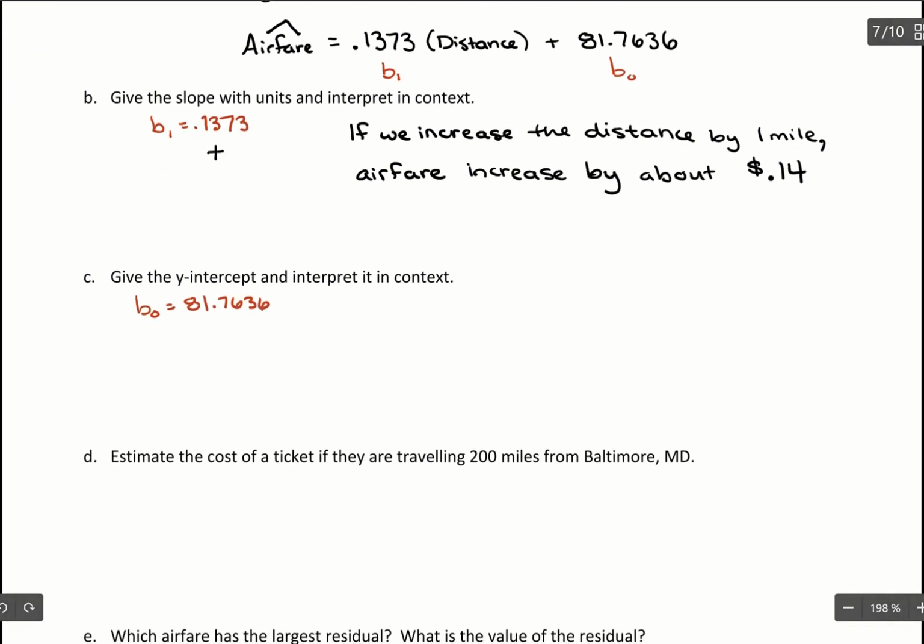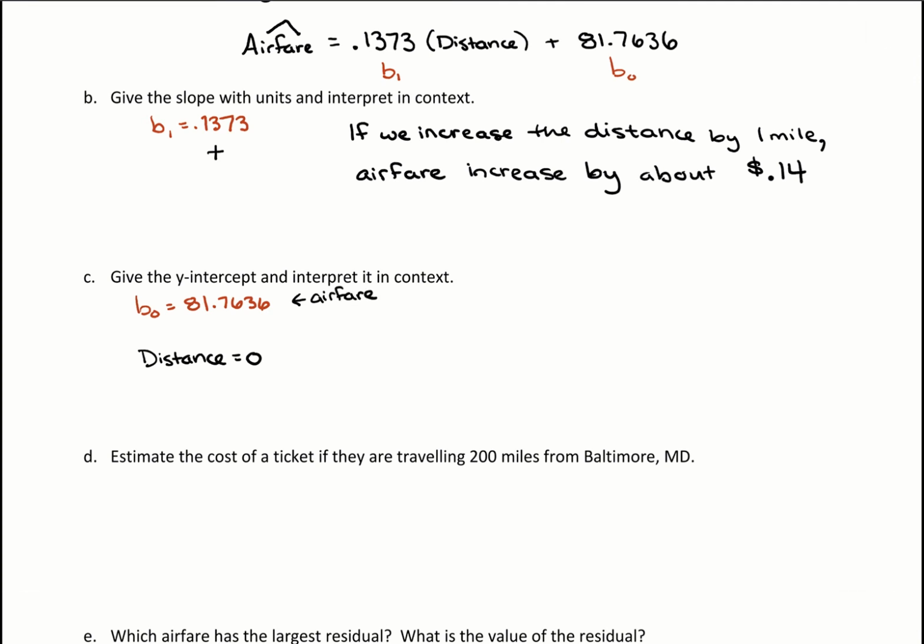Then for the y-intercept, so this is what happens when x is 0, which means if our distance is 0. If distance is 0, this right here is our airfare.